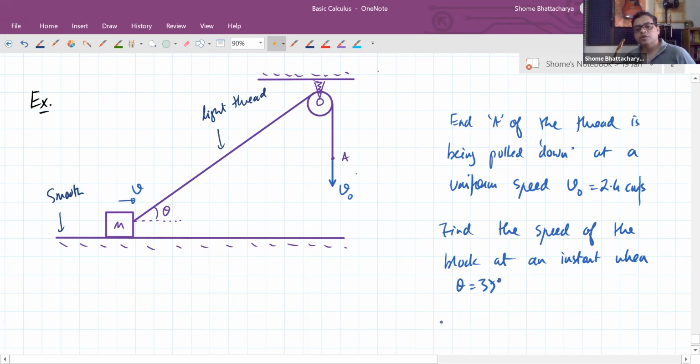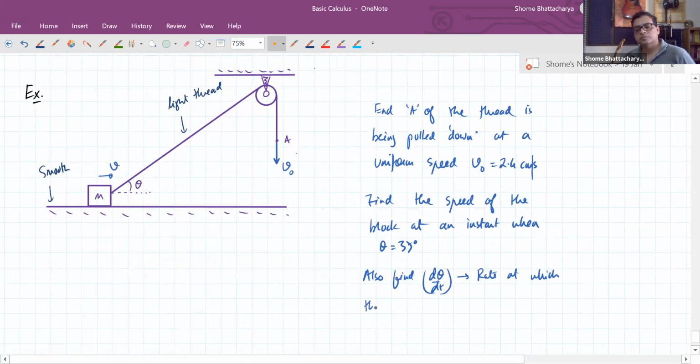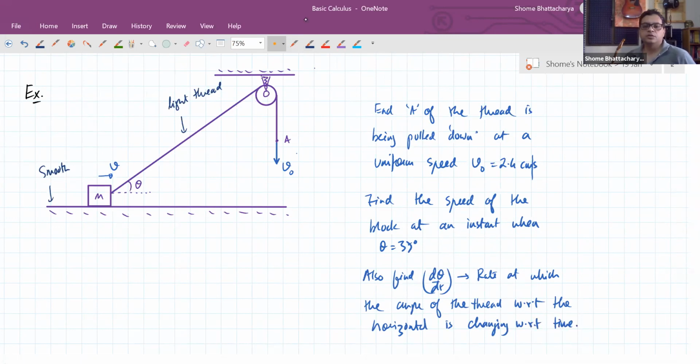Okay. And also find d theta by dt. That is the rate at which the angle of inclination of the thread, this angle with respect to the horizontal, is changing. Okay, this is what we want to calculate over here.